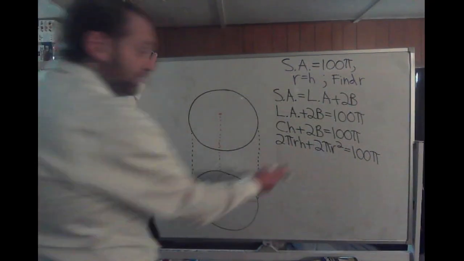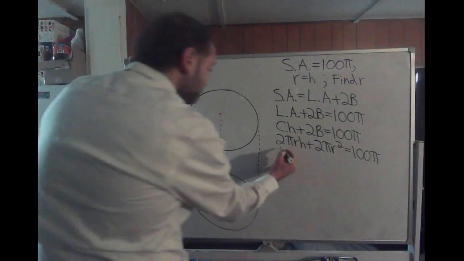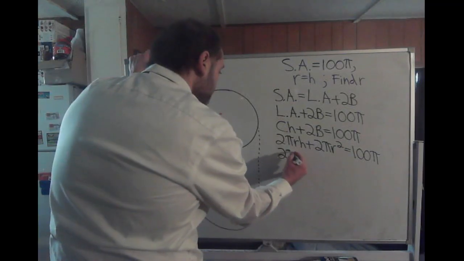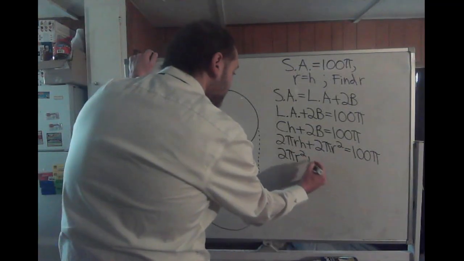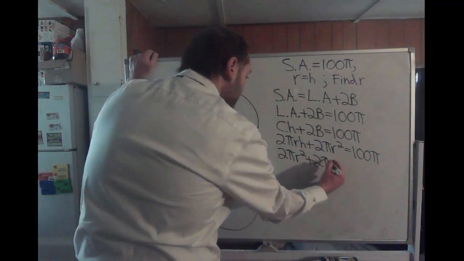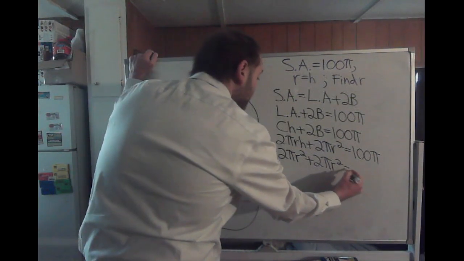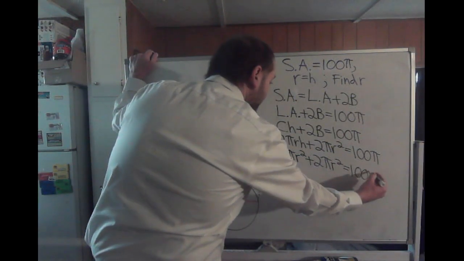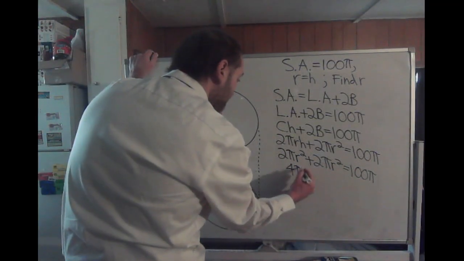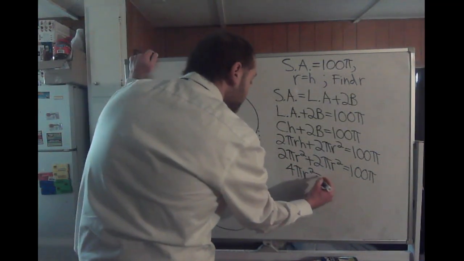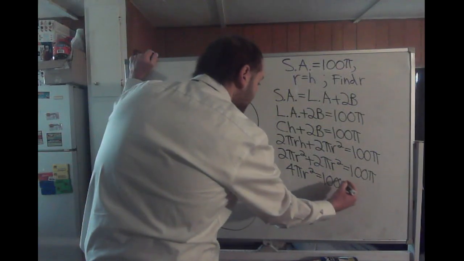Well, they also tell you that the radius and the height are equal. So you could substitute r in for h, you end up getting 2 pi r squared plus 2 pi r squared equal to 100 pi. Which would really give you 4 pi r squared equals 100 pi.